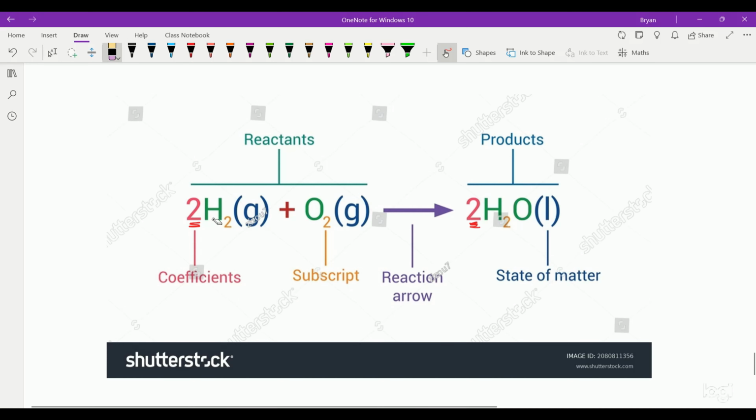So taking this example here from the previous lesson, we can see that hydrogen and oxygen will react with each other to produce water.